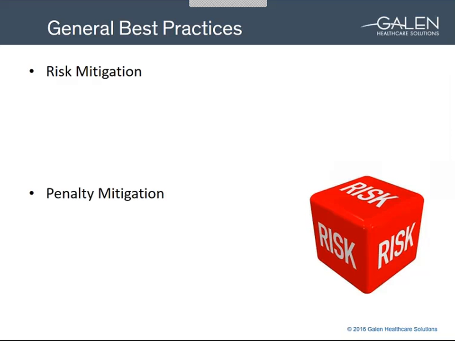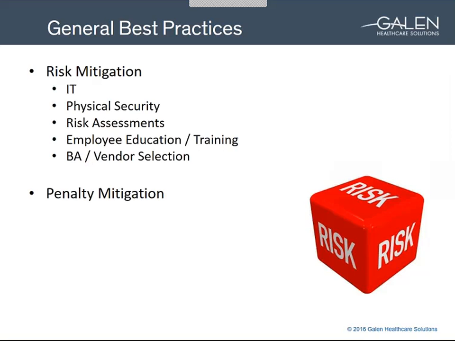And there's also penalty mitigation, i.e. if you assume eventually it will happen, and I think that's probably a safe assumption for virtually everybody, what can you do to minimize the risk to your organization from a financial and legal point of view? Starting with the first one, risk mitigation, the big targets are obviously IT.